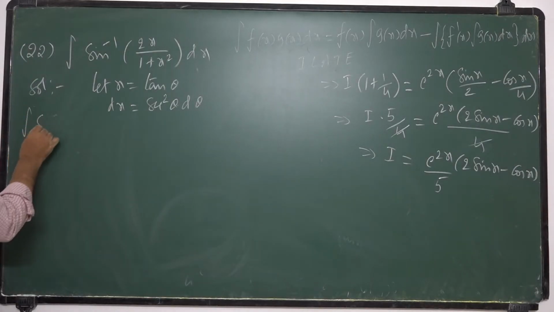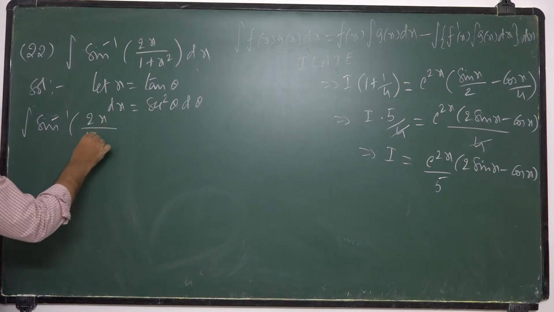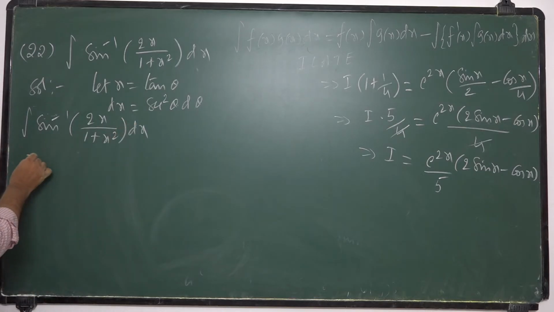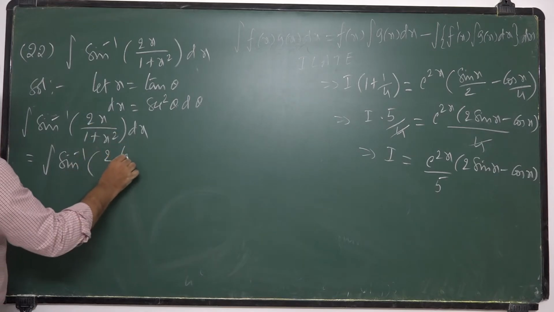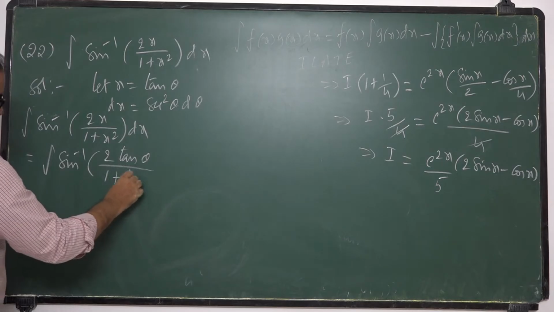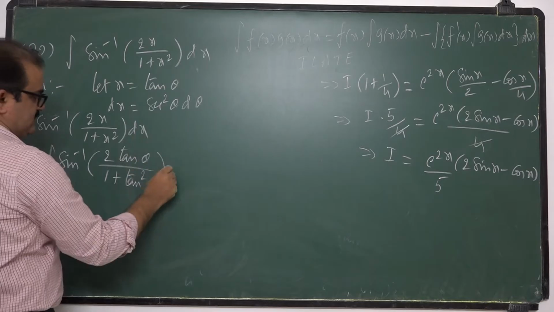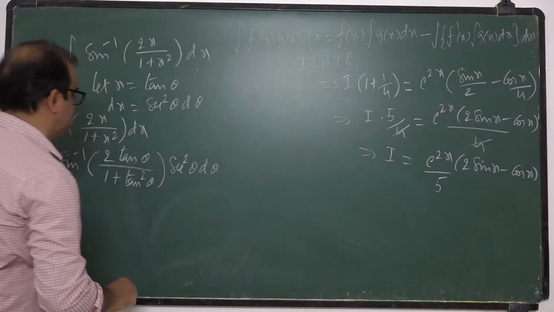Now the integral is equal to integral of sin inverse of 2 tan theta by 1 plus tan square theta into dx. What is dx? Secant square theta into d theta.